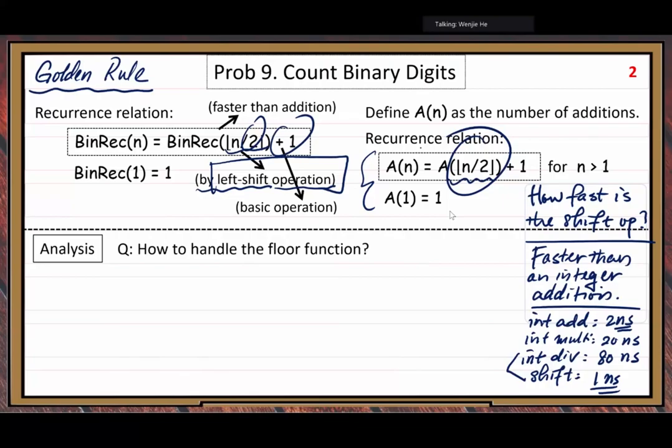But you cannot drop the floor function directly, right? If you drop it, then n over 2 may not be an integer, so your problem does not make sense. That modification is not acceptable.